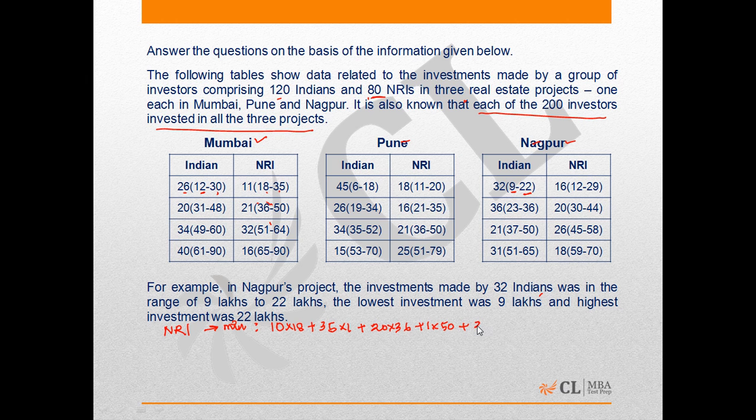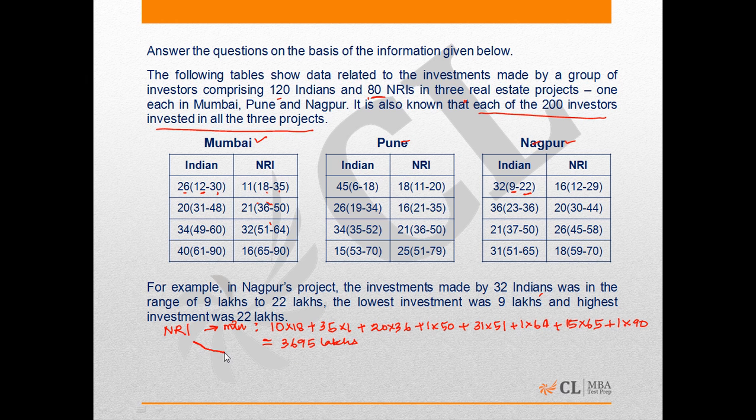Again, out of this 32, 31 made 51 and one made 64. And out of this 16, 15 made 65 and just one made 90. Now this is a long calculation, but we do not have any other option but to actually add it. Now adding this will give us 3695 lakhs.